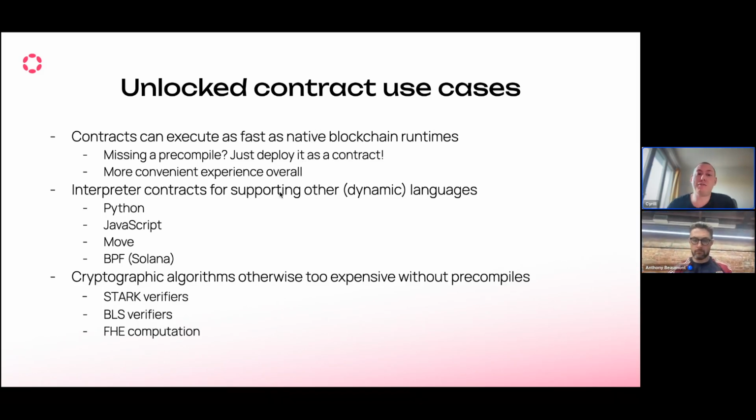You can also have interpreter contracts for other languages. So we might as well see Python or JavaScript, or Move or Solana contracts on Polkadot. And let's say you want to verify a STARK proof. On Ethereum, you always have those recursive SNARKs, because there are very few curves, and so very few verifiers that actually work on chain.